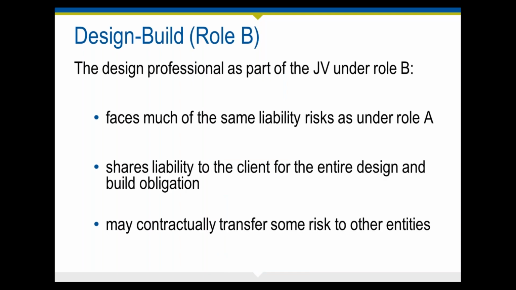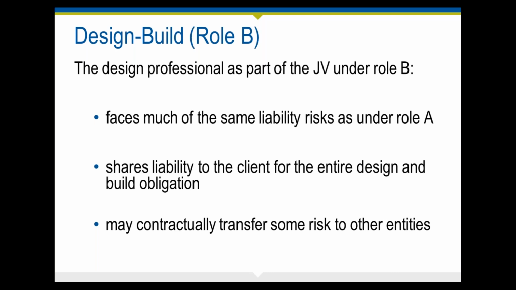In this role, you, as part of the joint venture with a construction contractor, face much of the same enhanced liability risk and exposure as under Role A. Although the scope of your service obligations may be specifically defined in your joint venture agreement, both the design firm and the joint venture partner, the contractor, are considered jointly and severally liable to the client for the entire design and build obligation.